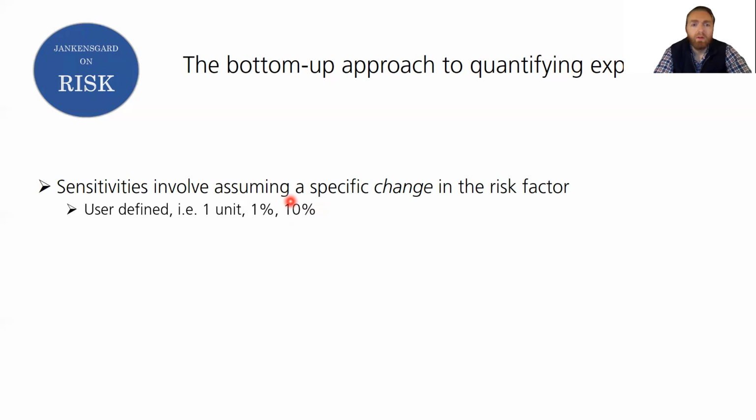So the advantage of these percentage numbers is that they standardize the sensitivity and make numbers more comparable across different kinds of risk factors. Whereas a 1 unit change could have a completely different meaning. If you compare a currency with the oil price, a 1 unit change is of a completely different order of magnitude. So it's not meaningful to compare.